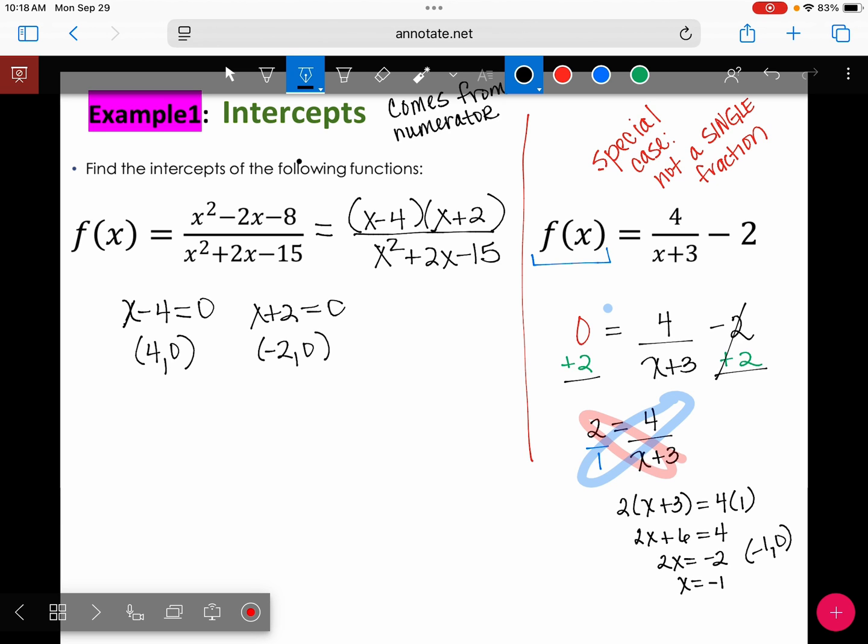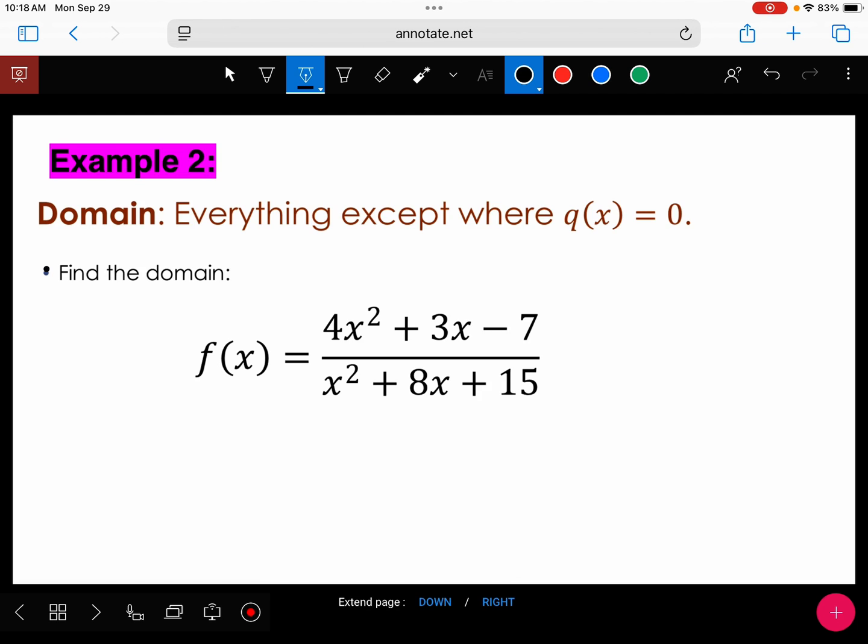So the next thing we're going to look at is domain. How do we determine the domain? Remember, domain, there's 2 red lights. One is a square root, the other one is an x in our denominator. So here when I'm finding the domain, the focus is on my denominator. So we have had a lot of practice with this.